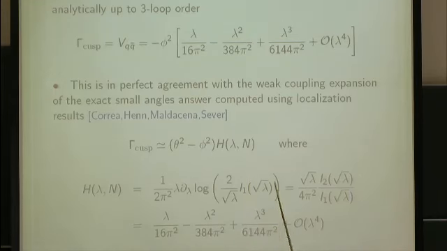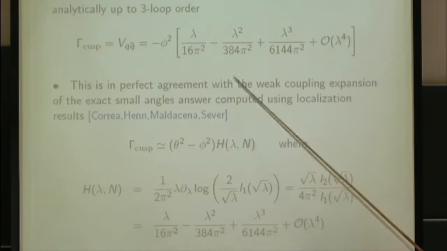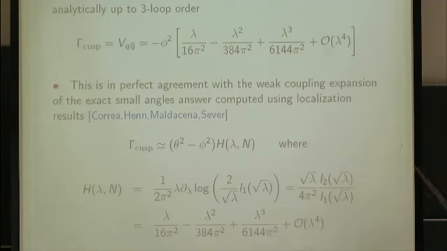But as I said, in this small angle limit, the gamma Cusp is exactly known, where this h function is exactly the logarithmic derivative of this Bessel function. You get a ratio of Bessel functions again, and if you expand this at weak coupling, you get exactly these 3 terms we computed explicitly using TBA.